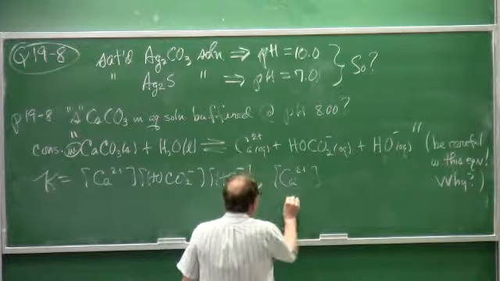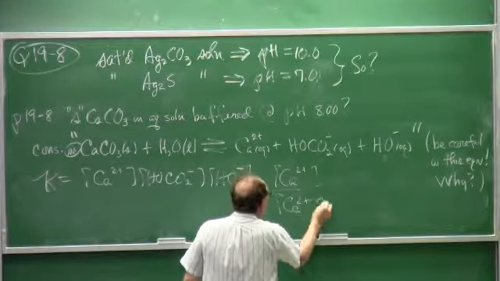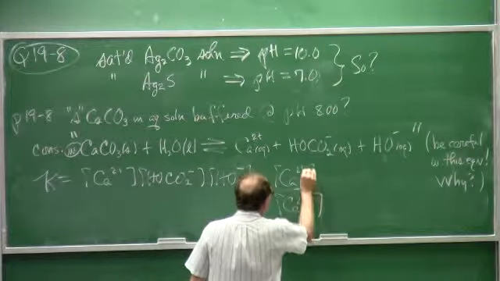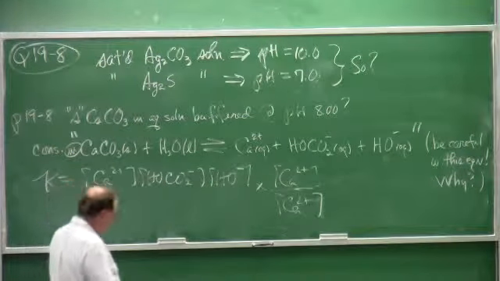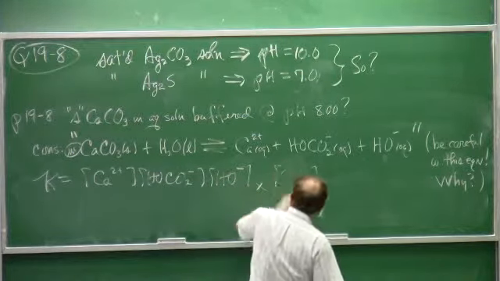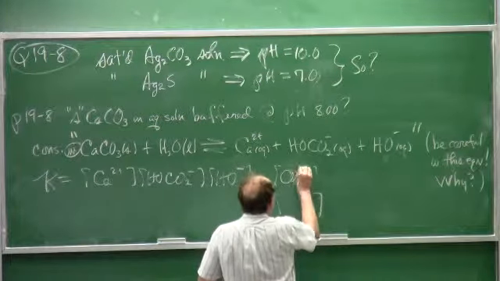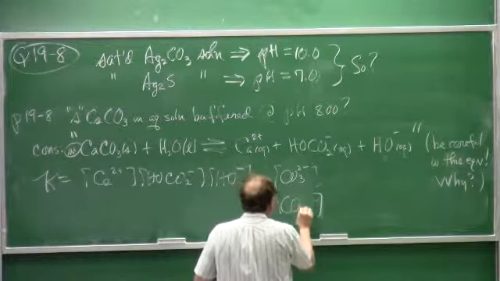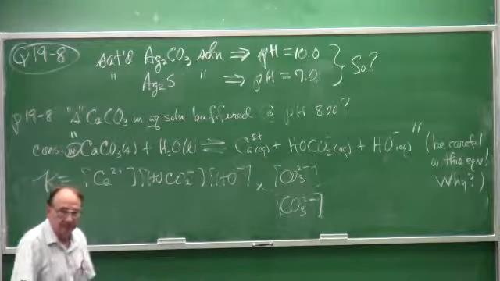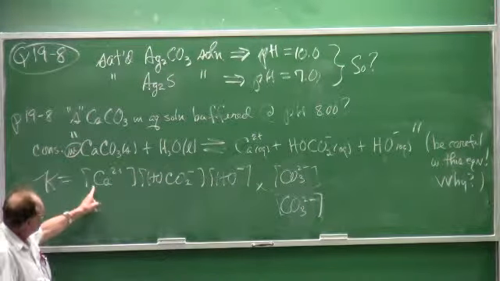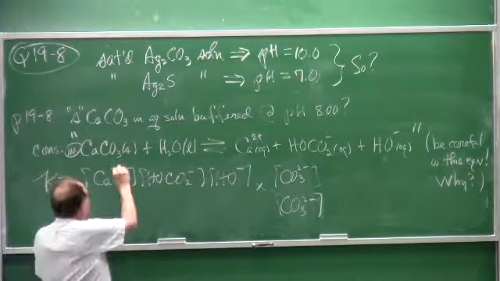Well, to get KSP calcium carbonate in there, I multiply by 1 in this fashion. Calcium ion molarity top and bottom. Oops! Carbonate molarity top and bottom. And then I say calcium ion molarity times carbonate molarity. There's KSP.